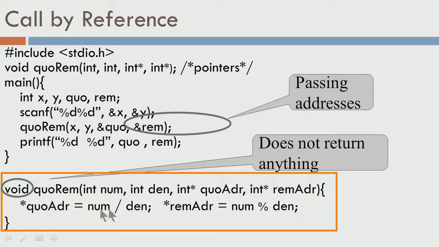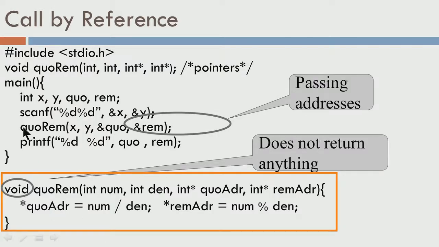QUO ADR and REM ADR are both local variables, but these are pointer variables. So, when you do star QUO ADR, you are not changing the pointer, but you are changing what is pointed to. You have dereferenced QUO ADR. So, the num by den value is stored in the location that is pointed to by QUO ADR.